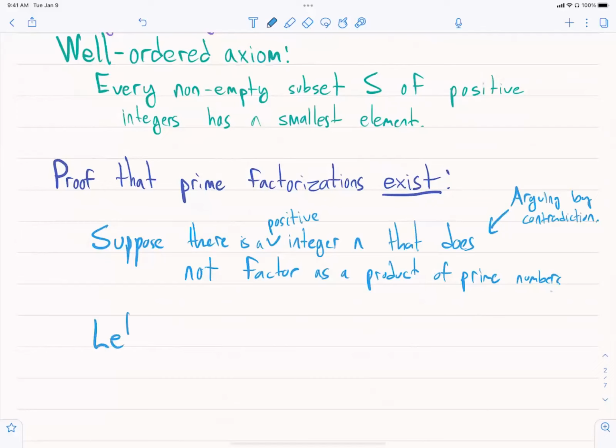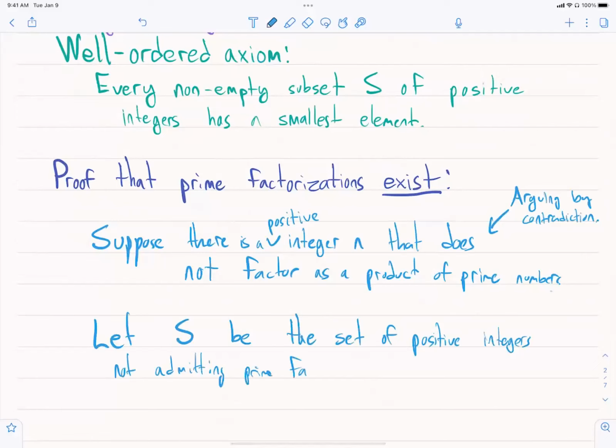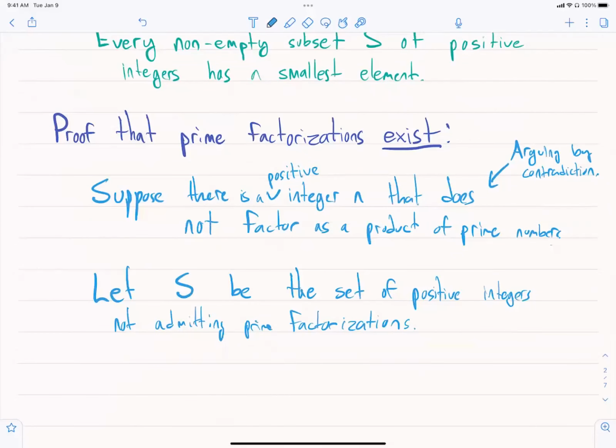So I'm going to let S be the set of positive integers not admitting prime factorizations, so not writable as a product of prime numbers. Then S is non-empty by our assumption.